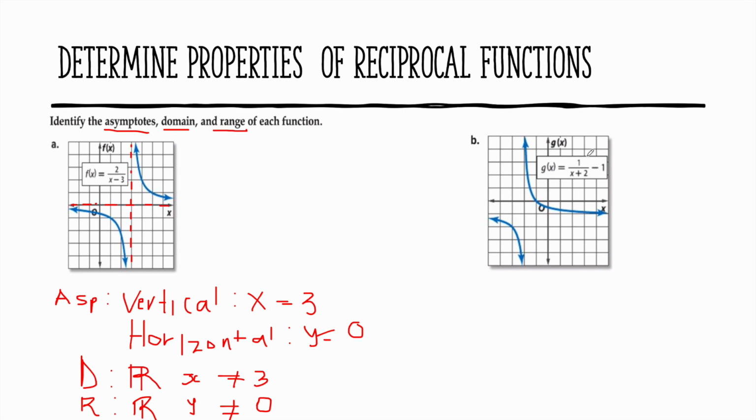Now let's try another one here. In this case, we can see that our graph, the original graph, was y is equal to 1 over x. So the graph moved 1 unit down here, and it moved 2 units to the left.